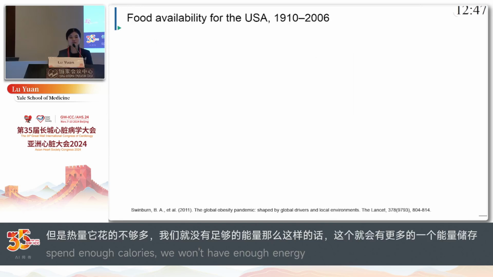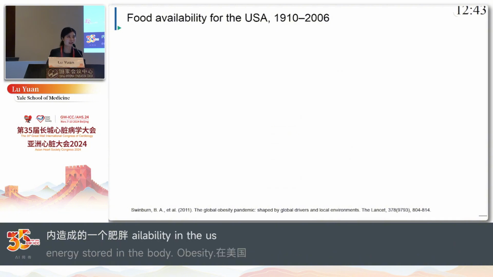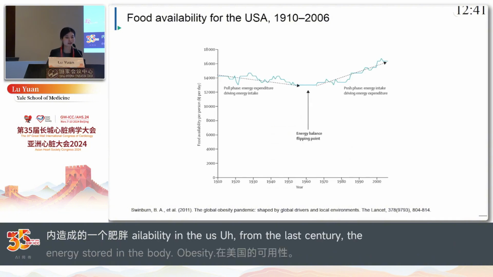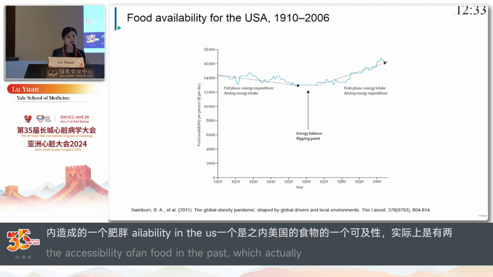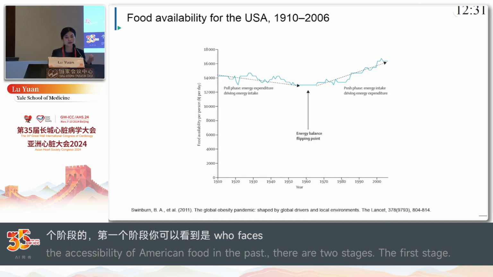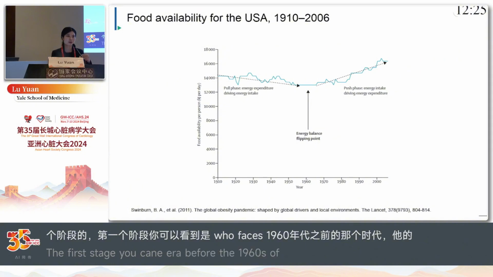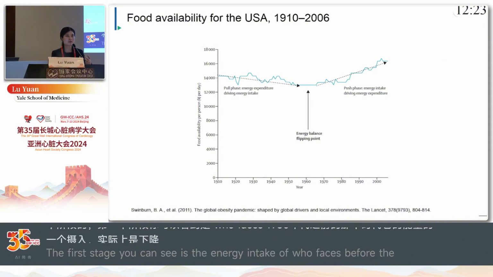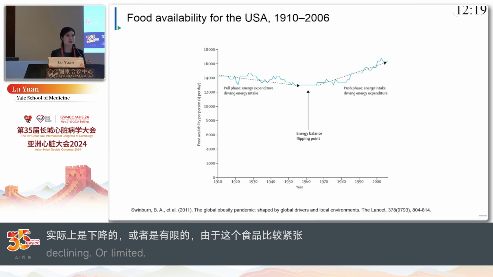This is another graph showing food availability in the US over the last century, the whole 100 years. We can see 2 phases. Actually, the first phase is between 1910 to 1960. It's called the pull phase, where there's reduced energy expenditure during the energy intake. So people, due to limited food availability, may be starving. There's less likelihood of getting overweight and obese.